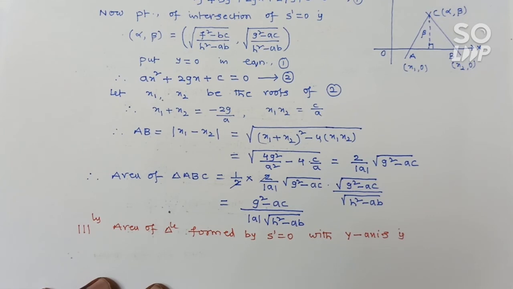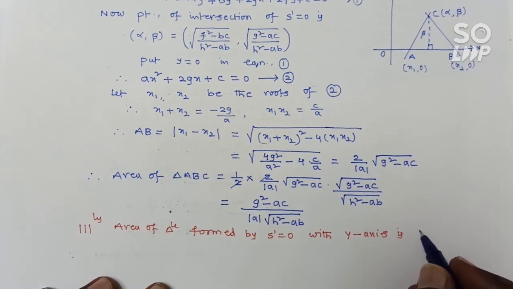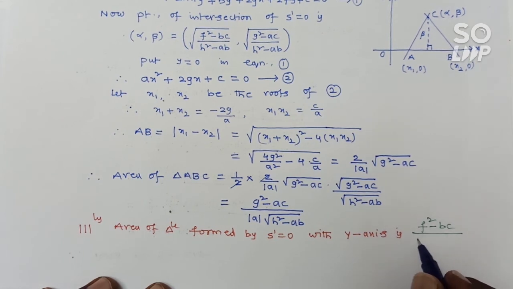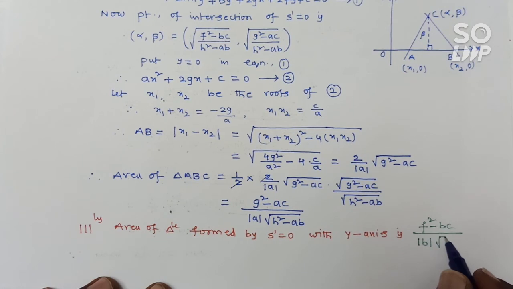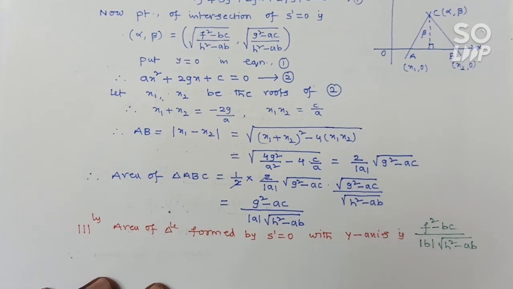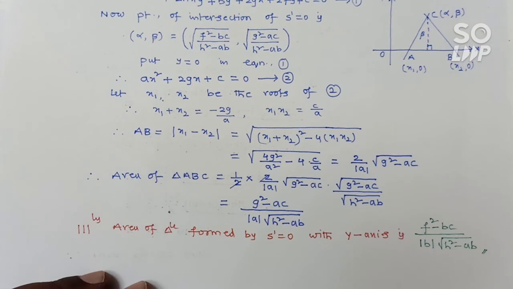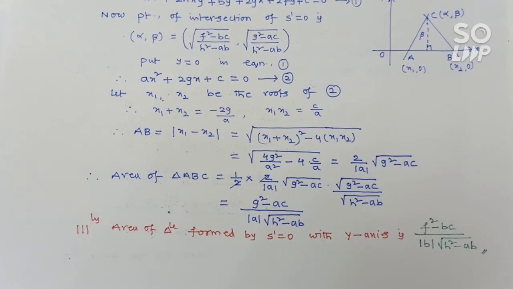So your answer will be equal to f square minus bc whole divided by modulus of b into root of h square minus ab. So this one is that required formula. So please all of you remember this one, how to derive this result.